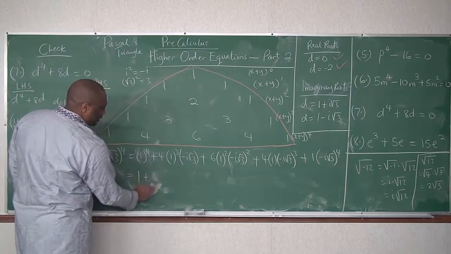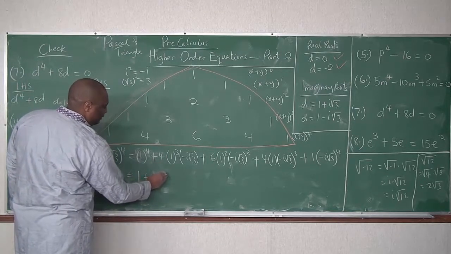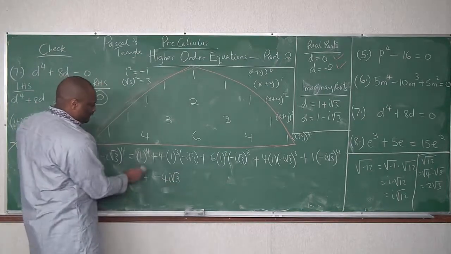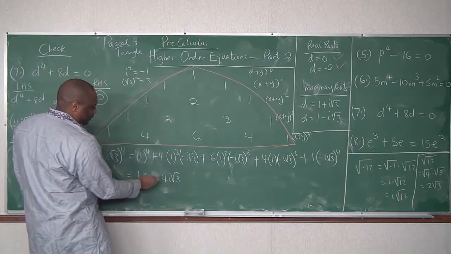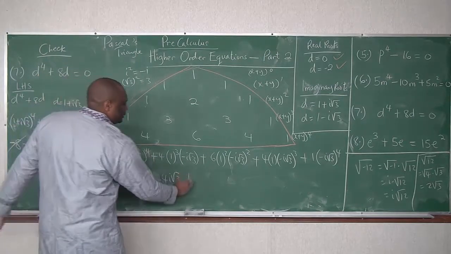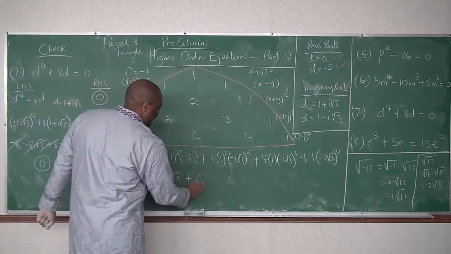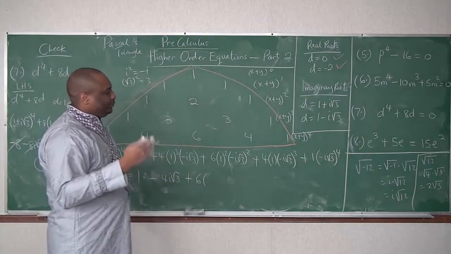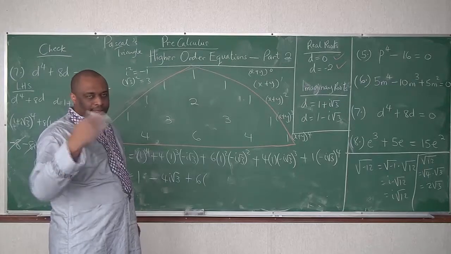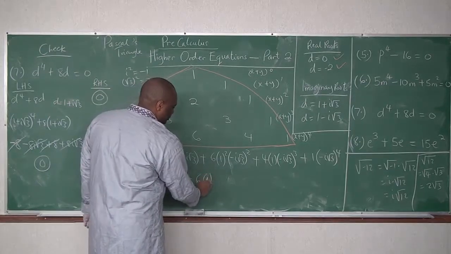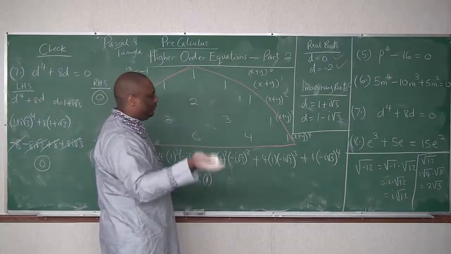Then this, I'll just say 1 plus, this is negative 4i root 3. I'll just put 1 minus that right away because plus minus is minus. Then plus 6 times negative 1 squared is 1, because this is like negative 1 times i root 3.